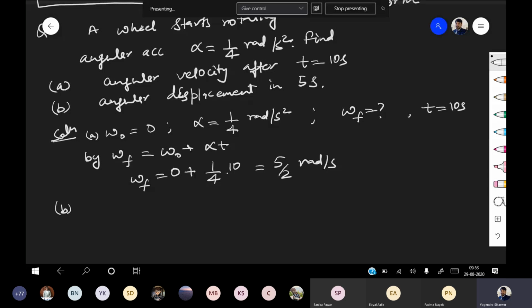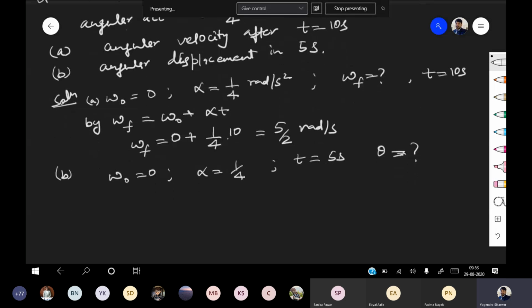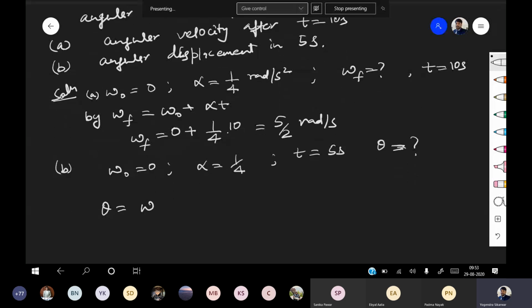Now for B part, omega naught is anyways 0, alpha is anyways 1 by 4, t this time is given as 5 seconds, and theta is equal to question mark. So let us use the formula theta is equal to omega naught t plus half alpha t square, with omega naught as initial velocity.